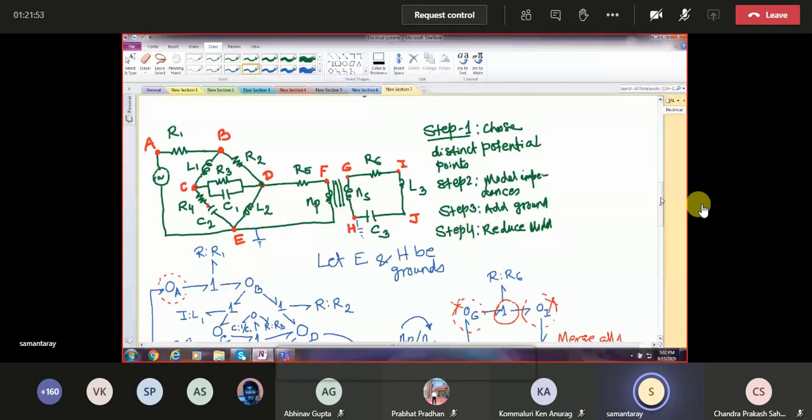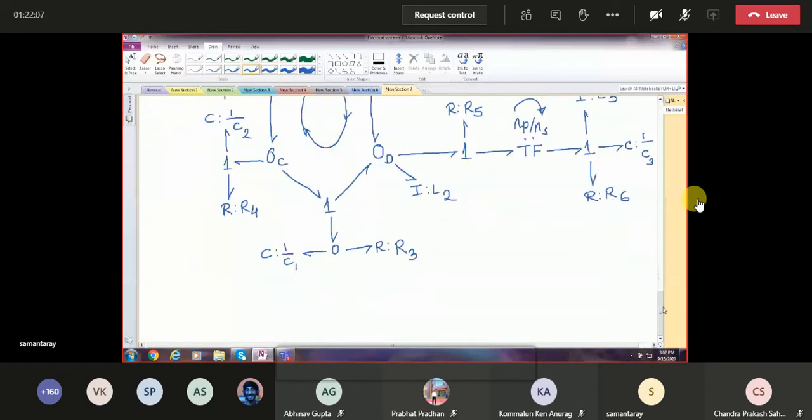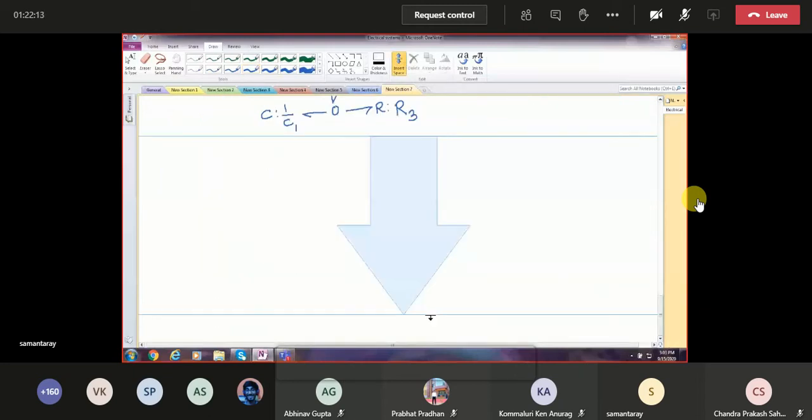I will take exactly the same circuit with another example, so that we don't have to draw anything extra.